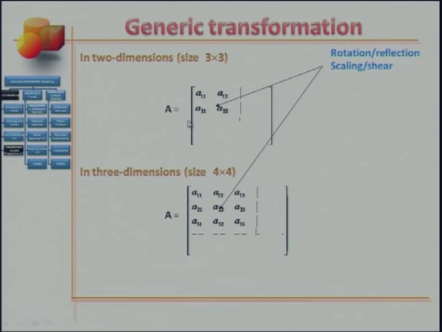That is, this matrix times its transpose is equal to an identity matrix of size 2 by 2. Similarly, in case of 3 dimensions, this 3 by 3 matrix is also orthogonal. Well, when I say that they are orthogonal, I am referring to rotation and reflection cases. In case of scaling or shear, these matrices will of course not be orthogonal.